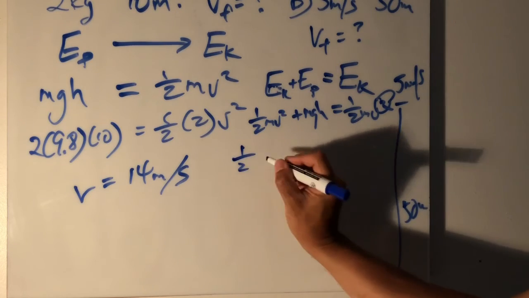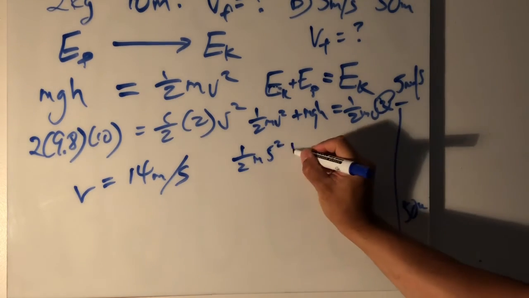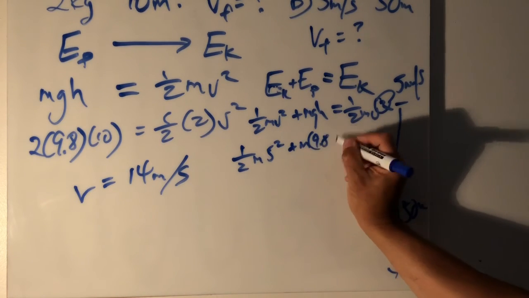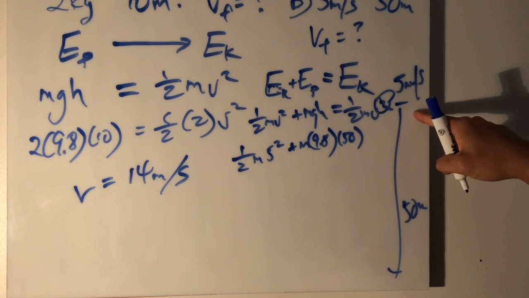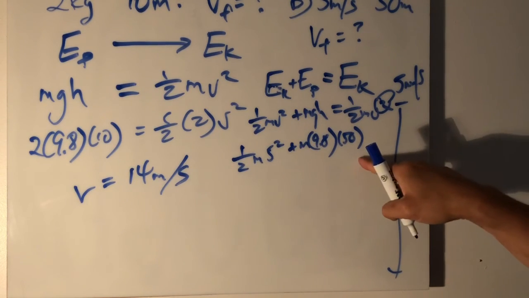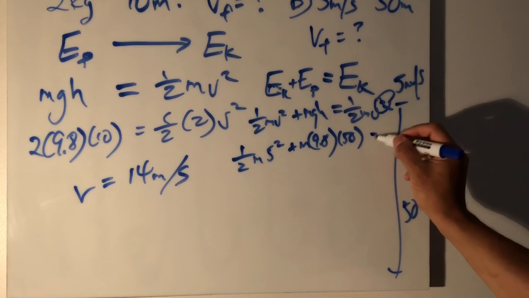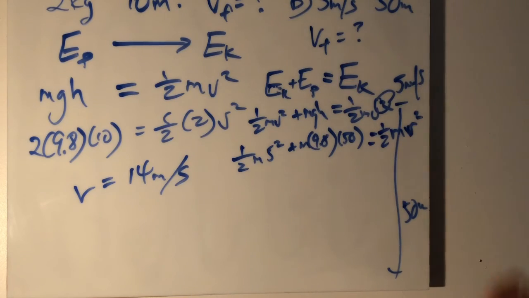So we can say 1/2 m times 5 squared plus mass, again m, times 9.8 times 50. That's the energy at 50 meters. So right before it hits the ground, we have 1/2 mv squared.